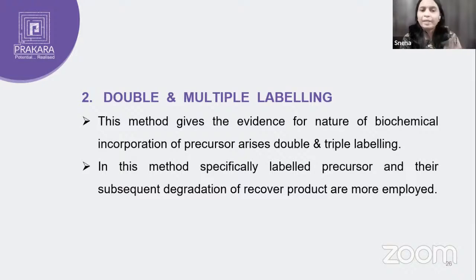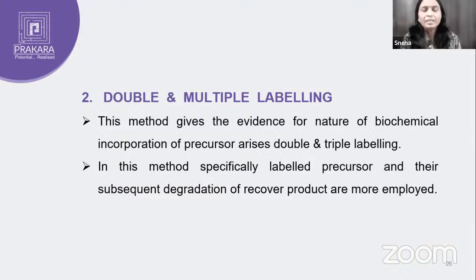Suppose in that particular structure the nitrogen atom is present at two places, and if we add nitrogen as a radioisotope, it may go to one place, but we don't want that. What we want is that wherever the nitrogen atom is present, it should get replaced with the radio labeled compound. In that case, we will use the double and triple labeling method.